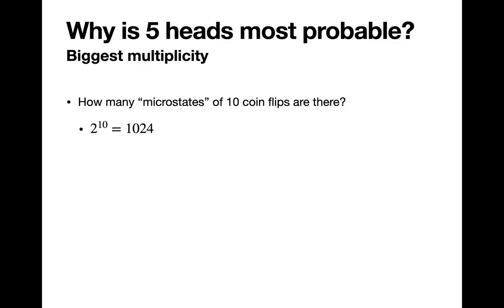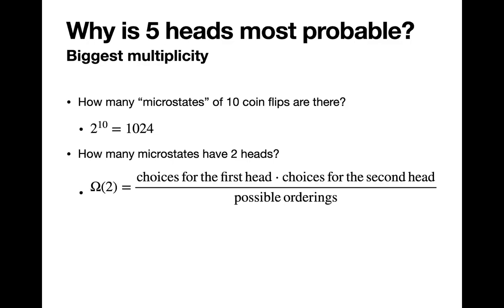So the probability of getting 10 heads is going to be 1 out of 1,024, which is less than 0.1%. But if we wanted to say what's the probability of getting 2 heads? Well, what we should do is calculate how many microstates have 2 heads, how many different sequences would give us exactly 2 heads, and divide that by 1,024.